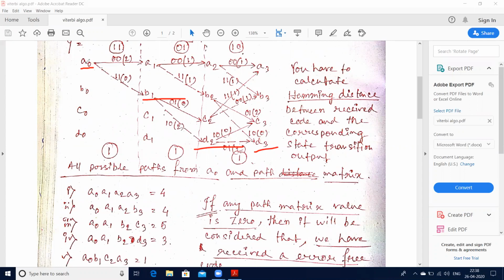When I'm coming from A0 to B1, this is a dotted line, which means the input is 1. From B1 to D2, we again follow the dotted line, so again the input is 1, because the dotted line is used for input 1. As I told you previously, the dotted line is 1 and the bold line is for 0.